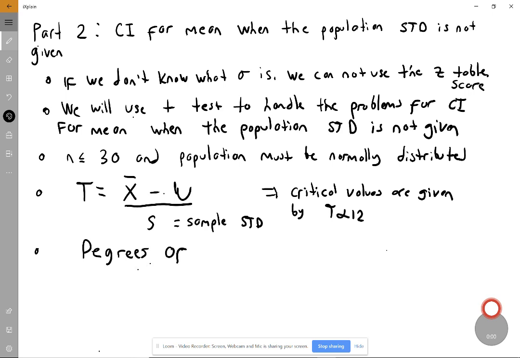Degrees of freedom is represented by d.f., and d.f., which is the degrees of freedom, is calculated as the sample size, so n minus 1. Remember, n was the sample size.